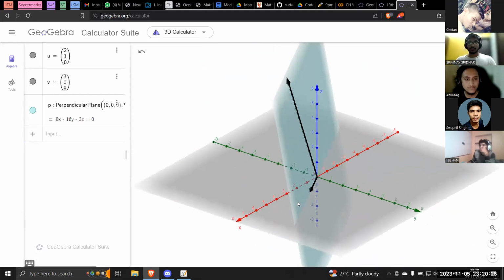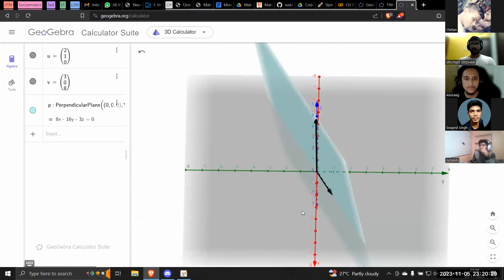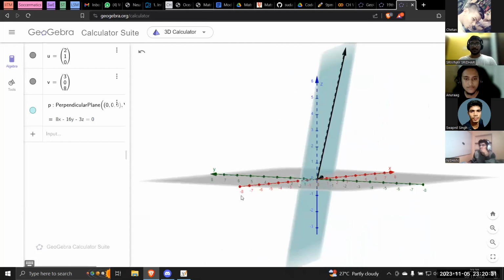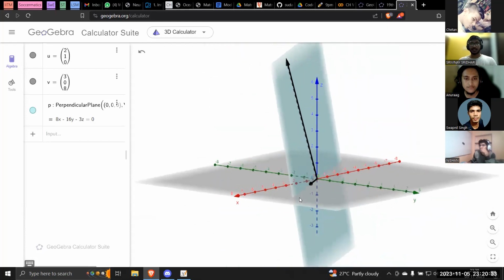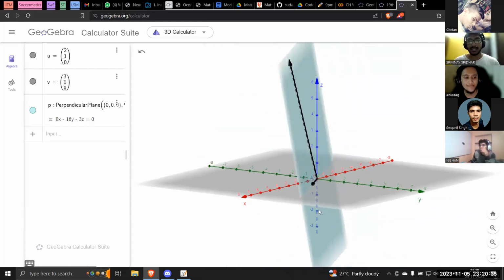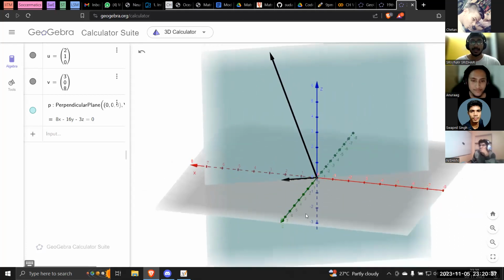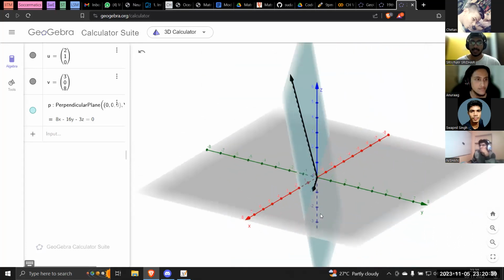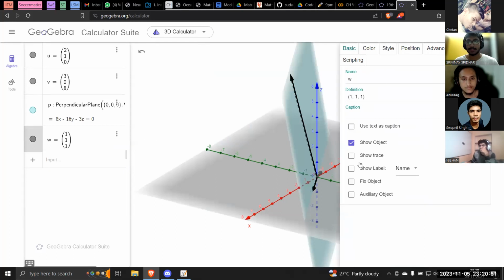So we know this is the span, the linear combination. All these points on this plane can be manufactured by vectors u and v, right? Now we want to check the vector w, which is 1, 1, 1, and check whether it lies on this plane.